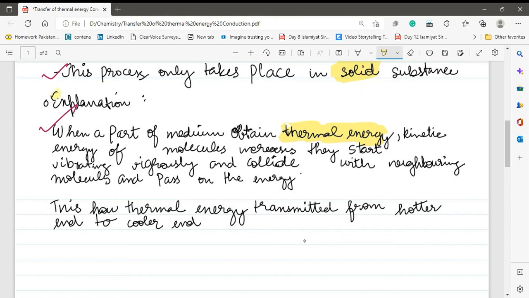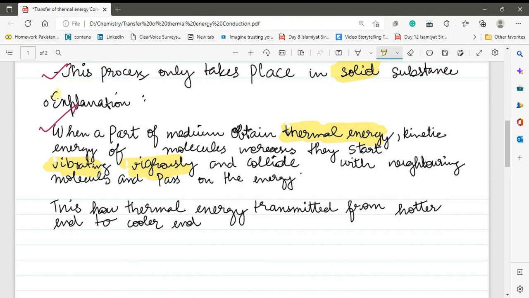So as the solid molecules gain kinetic energy, they will start vibrating vigorously and collide with the neighboring molecules and pass on the energy. This is how the thermal energy is transmitted from the hotter end towards the cooler end. So this is the whole process of conduction, how conduction takes place.